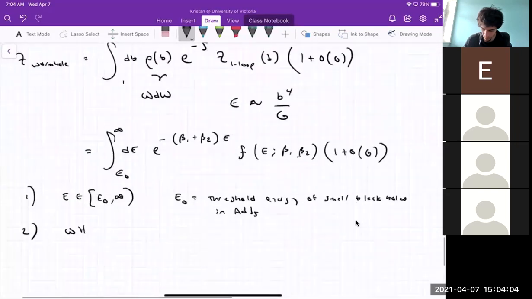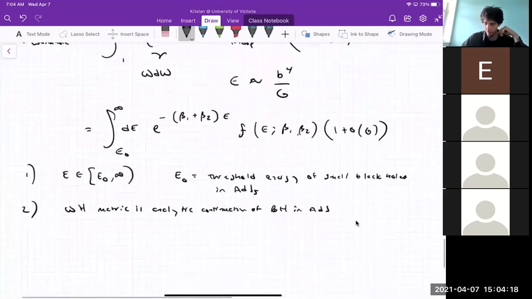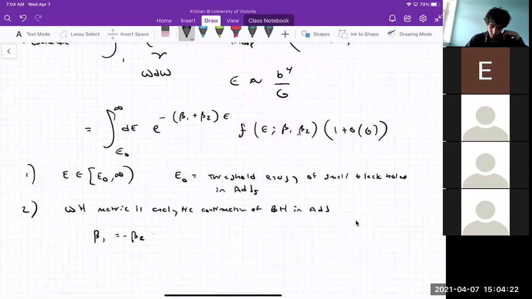So the wormhole metric is the analytic continuation of a black hole in AdS. The way the analytic continuation works is that if you set beta 1 equal to minus beta 2 equal to some size beta, you actually get the Euclidean black hole.